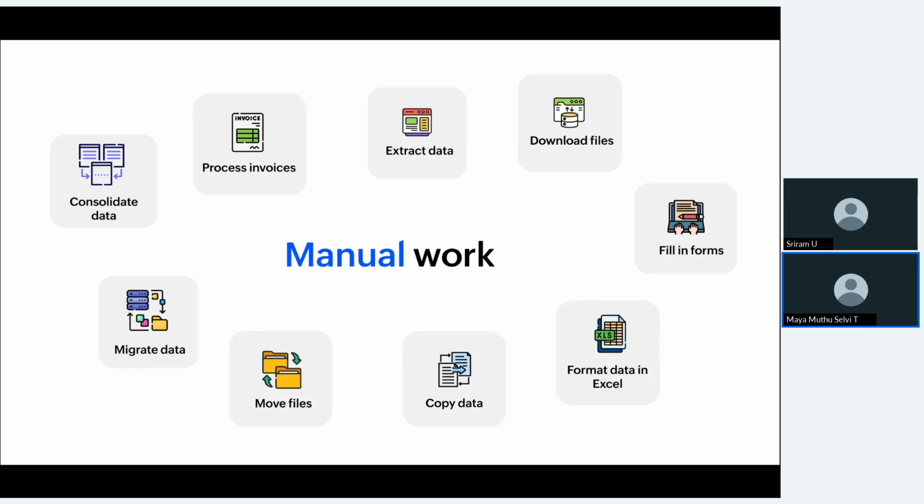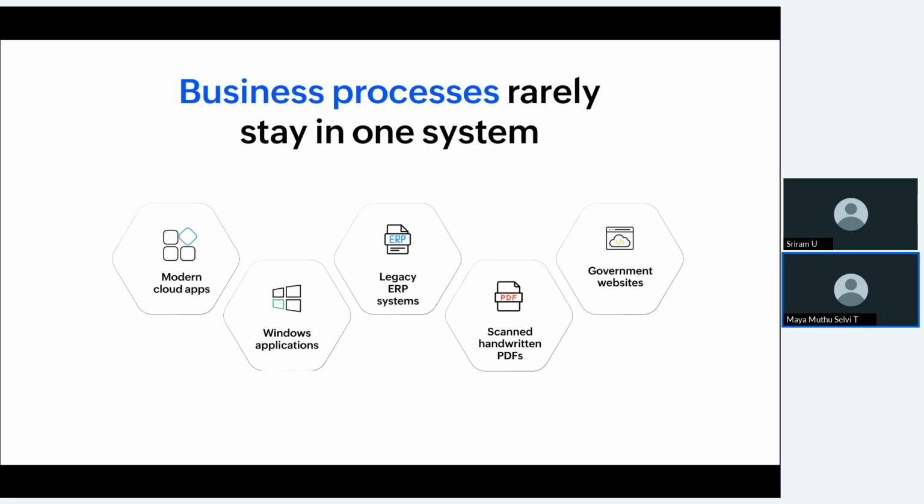On top of all this, where do you think these manual actions will usually take place? Definitely not within a single application, right? Yes. Most business processes involve at least 3 or 4 different applications. Some processes will rely on modern cloud applications that provide APIs, making the integration relatively straightforward.